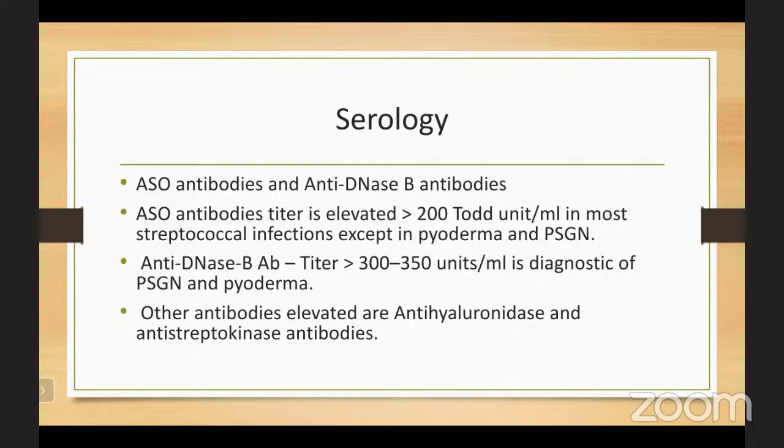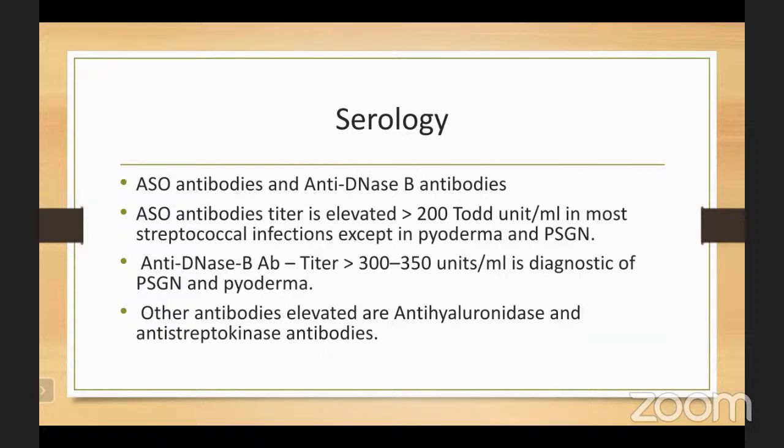Next one is the serology. Anti-streptolysin O antibodies and anti-DNase B antibodies. The anti-streptolysin O antibody titer is elevated above 200 Todd units per milliliter in most streptococcal infections, except in pyoderma and post-streptococcal glomerulonephritis.